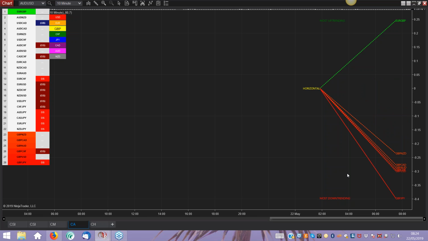This is really just giving you a heads up, a visual of many things, not least of all sentiment, which is universal to the pound selling. It's also telling you the strength of momentum. You can see the strongest momentum, the steepest line, if you like, is on the pound yen down here at the bottom, and the euro pound up the top. So the greatest trend is developing in the pound yen right now, certainly on the 10-minute time frame.